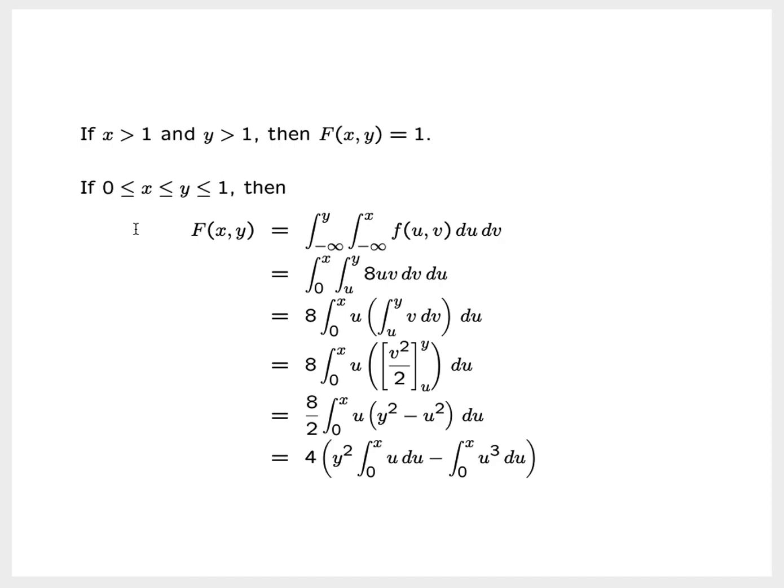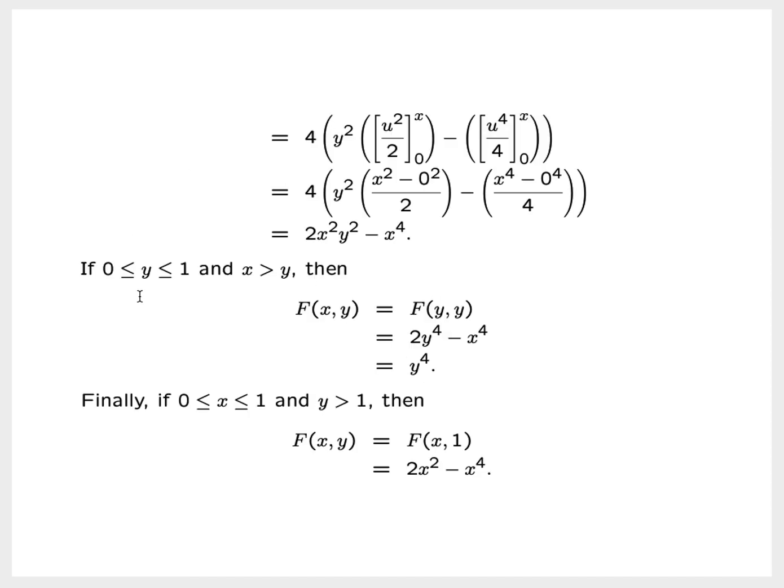satisfy these conditions. Now, if y is between 0 and 1, but x is greater than y, then the CDF evaluated at such a point x and y is equal to the CDF evaluated where y is both of the coordinates. So we take that value of y and have the first argument and the second argument both equal to that value.